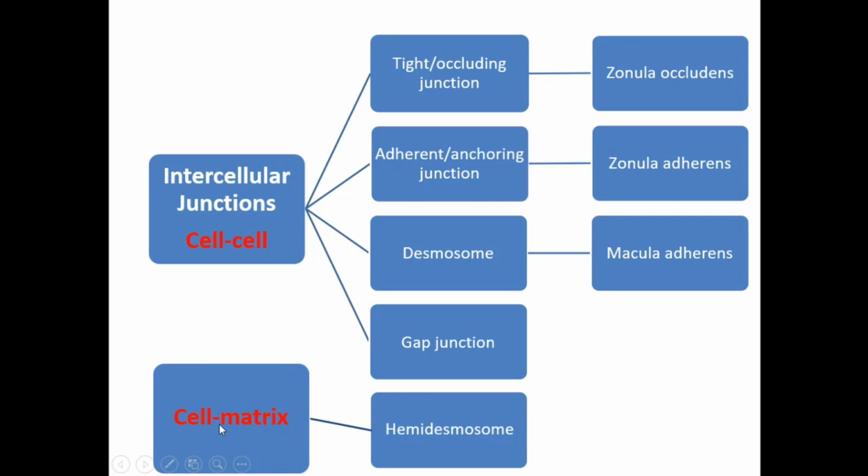We call it the cell-to-matrix junction, because this junction is not a cell-to-cell junction. We also have this junction in the basal domains of the epithelial cells, not in the lateral domains, but since it's a kind of junction, we bring it here.